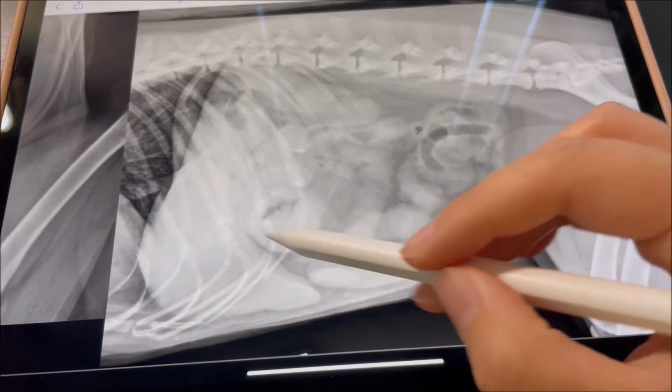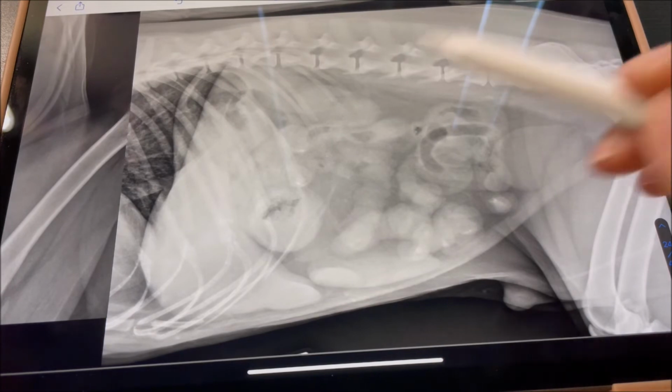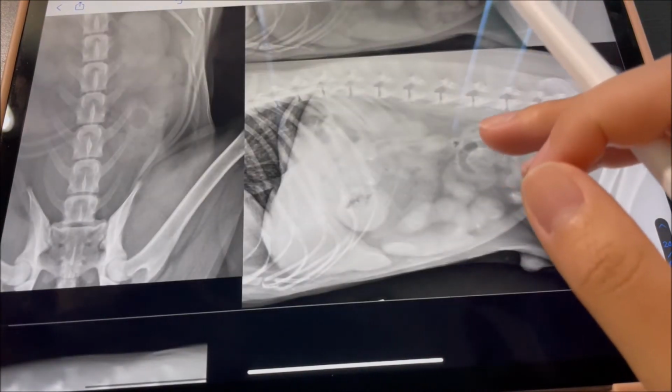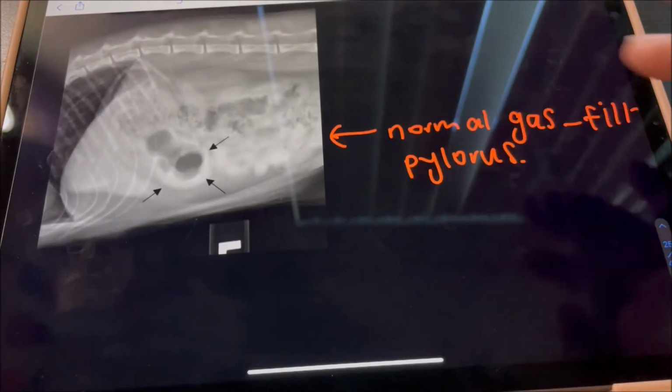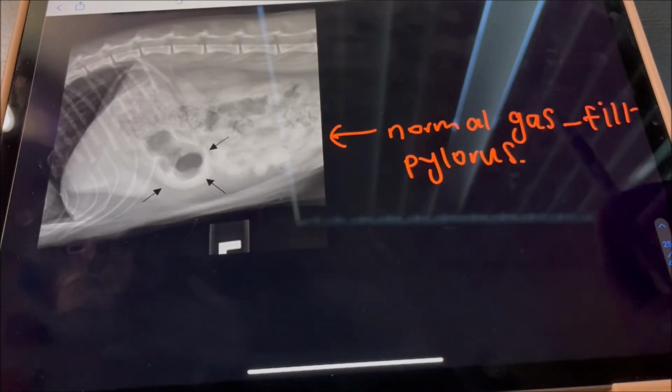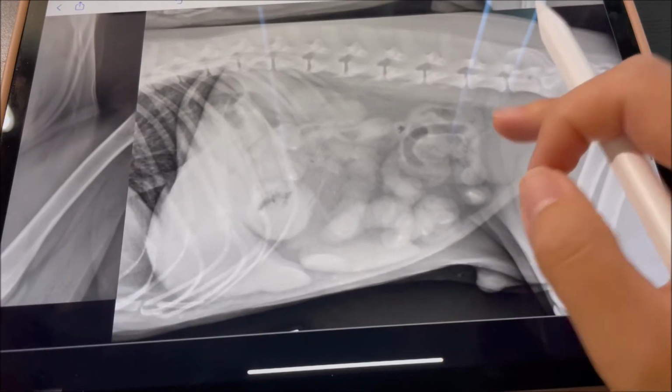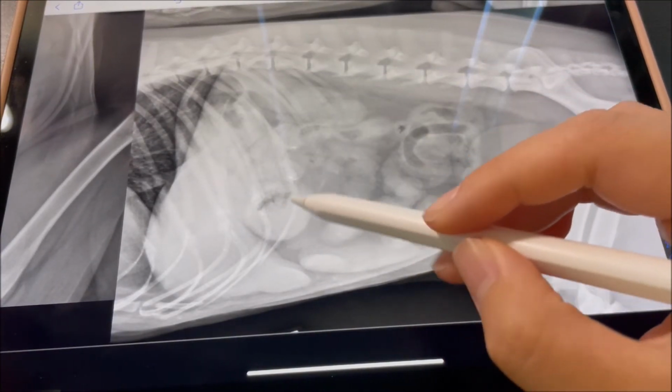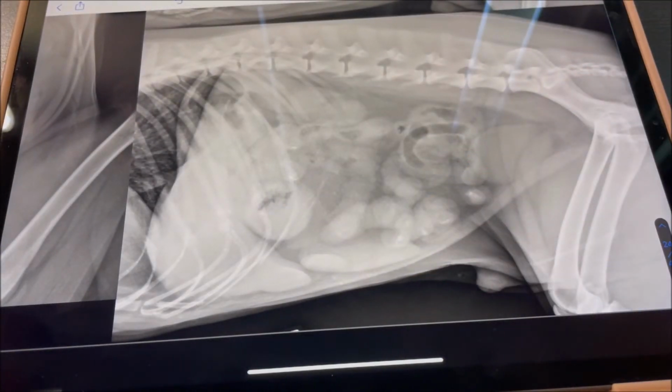Now, what is this organ here? That's the pylorus. Let me show you what a normal pylorus should look like. It's nice and gas-filled. But in our patient, we have increased soft tissue opacity within the pylorus.